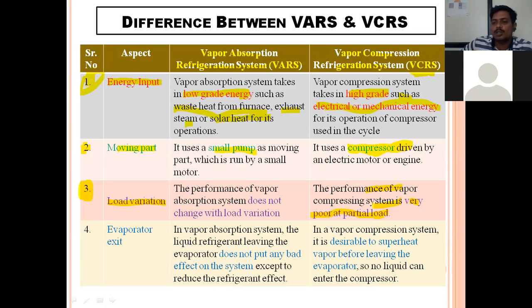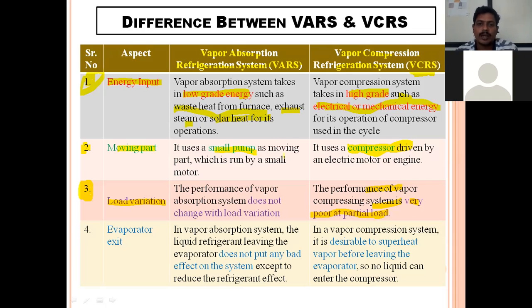The amount of work supplied to compress that refrigerant is the same, because there is no change in work supplied, but the amount of heat absorbed inside the evaporator changes because of poor load condition, and hence it affects the performance of that vapor compression refrigeration system.